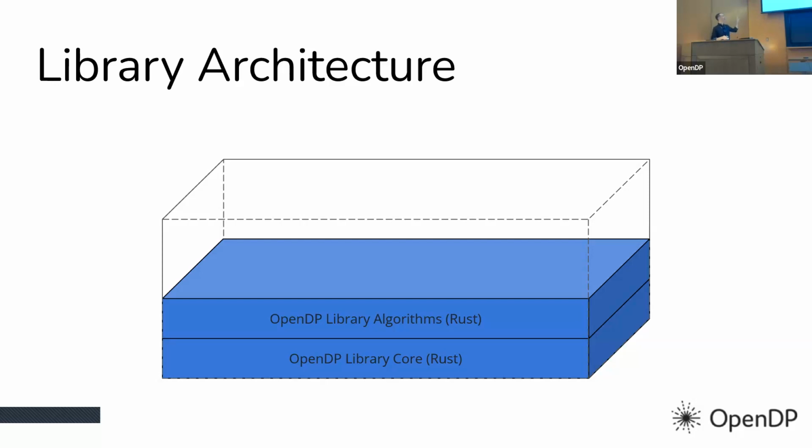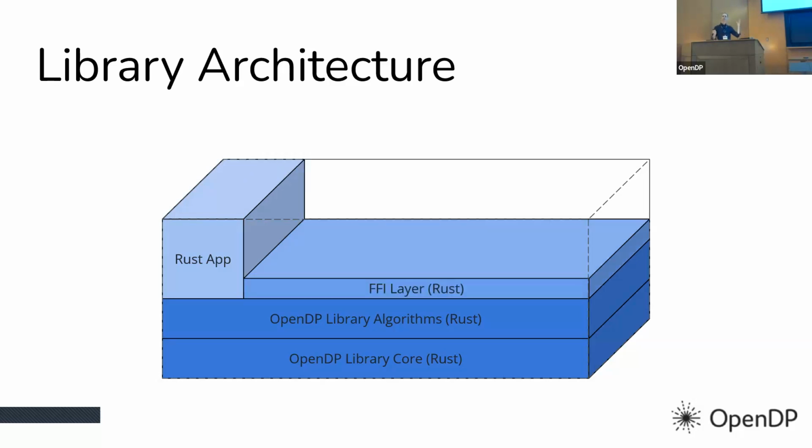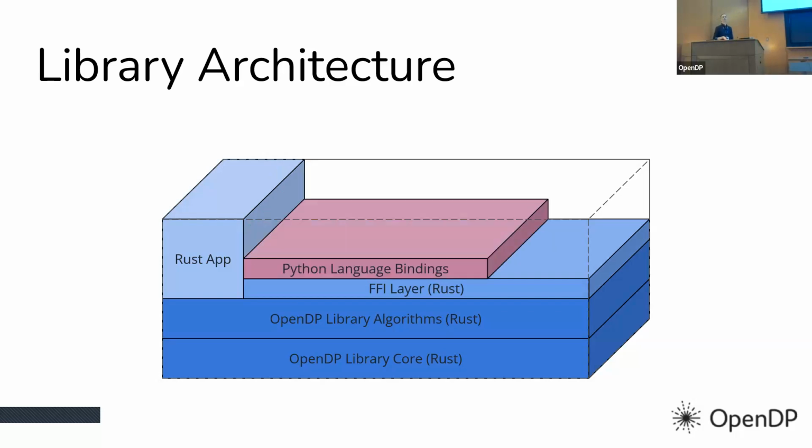Now, it's possible to write your applications directly on top of that if you want to write in Rust, but we know that's not always the most convenient thing. So we also have an interoperability layer. It's built in this technology called FFI, Foreign Function Interface. And that lets us enable access to OpenDP from multiple languages. The primary one that we started with is Python.